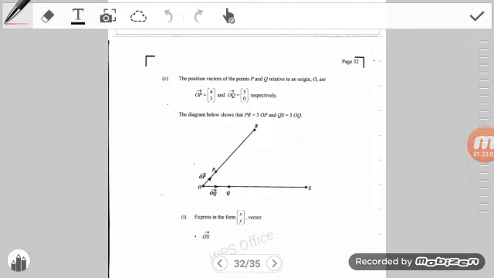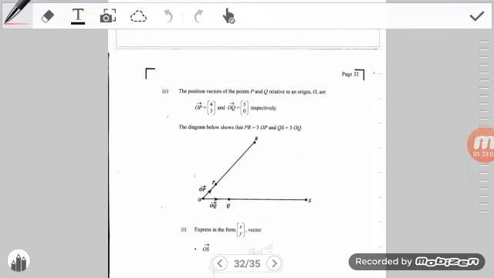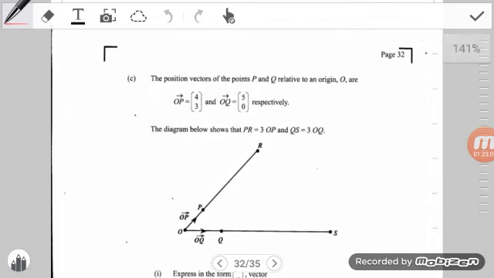So the position vectors of points P and Q relative to an origin O are that vector OP, this is a small vector, OP is 4, 3. However we get to this position P is by going 4 to the right and 3 up. So this is definitely not drawn to scale.